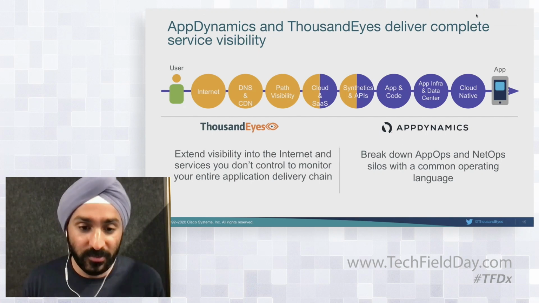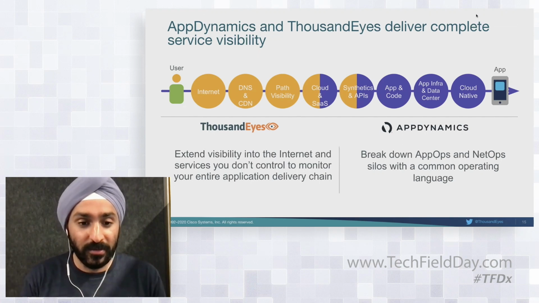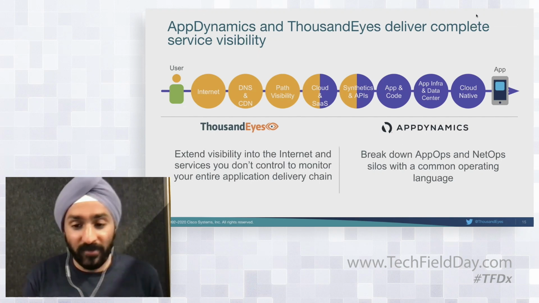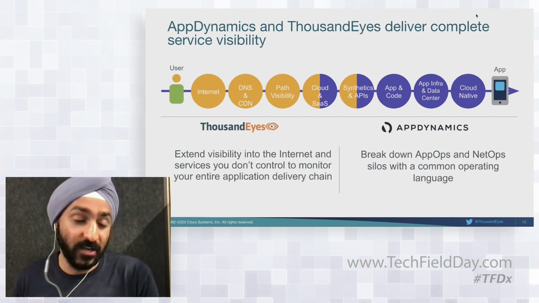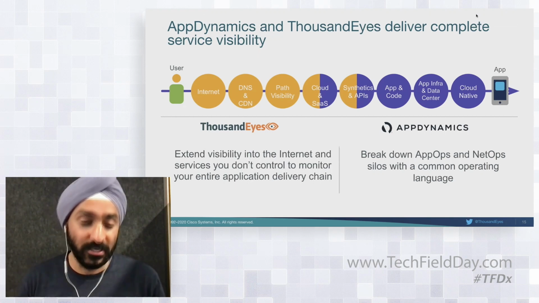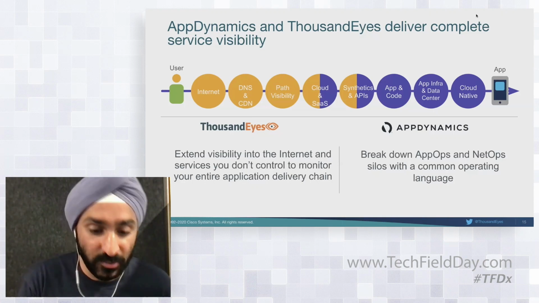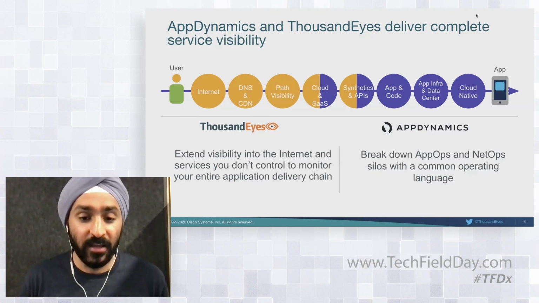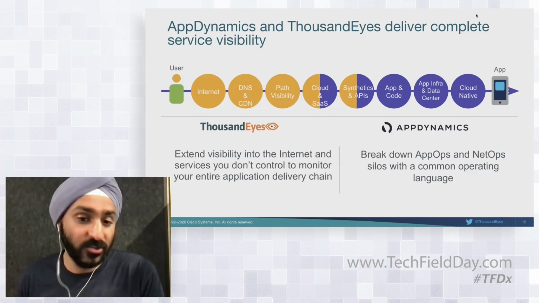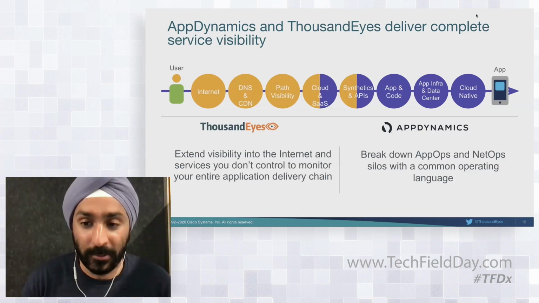And we saw this opportunity to use the data that ThousandEyes can capture and provide that data within AppDynamics Studio so that application and network teams can better serve their end users by trying to understand if the problem is on the application or on the network.